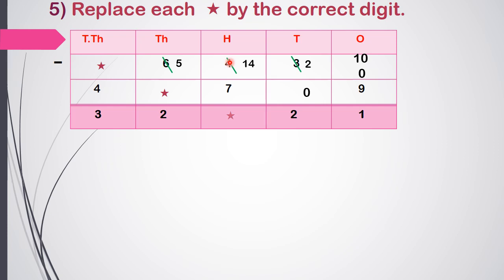Yes, 14 minus 7 is 7. Now 5 minus star, we get 2. Already I told you, when we subtract the answer from the largest number, we get the smaller number. So 5 minus 2, what is 5 minus 2? It is 3. So 5 minus 3, we get 2.